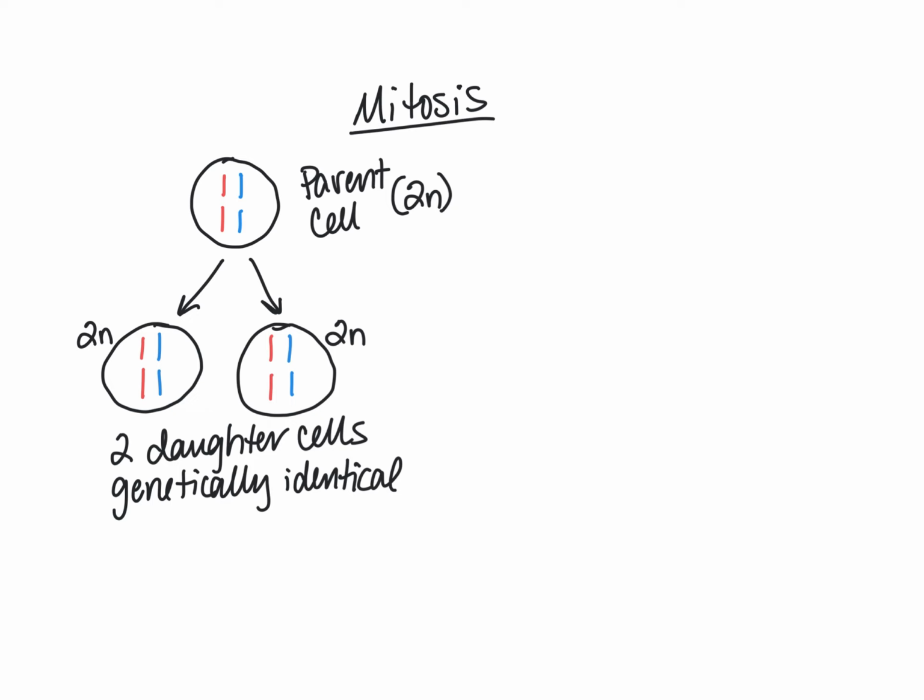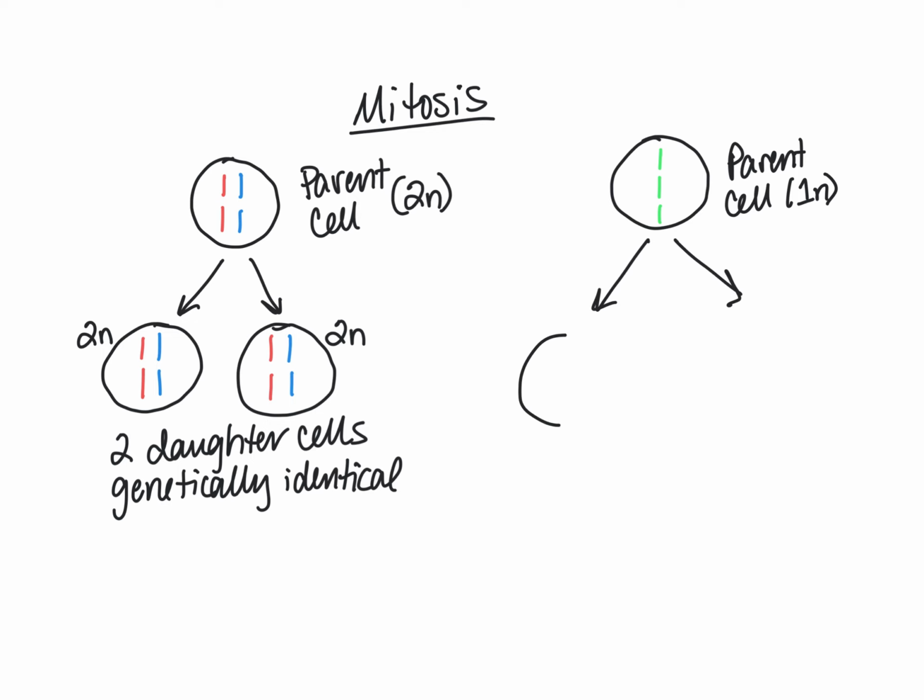Now, mitosis can also occur in a haploid cell. So if the parent cell is haploid or 1N, then the daughter cells produced by mitosis are also going to be haploid.